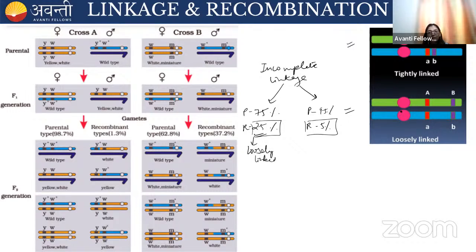That is, the distance between the two genes is more. And this is the case of tightly linked, that is, the distance between the two genes is less. So linkage is inversely proportional to recombination frequency.